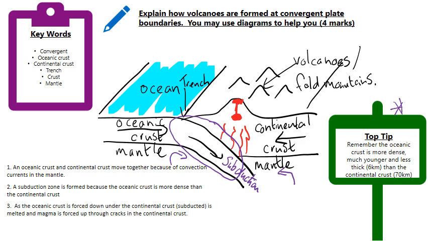But at the same time, when we draw pictures of this, it can sometimes be difficult to get your head round the fact that we're not just having two big plates sliding nicely against each other. These are huge chunks of rock which are trying to be forced together one under the other.